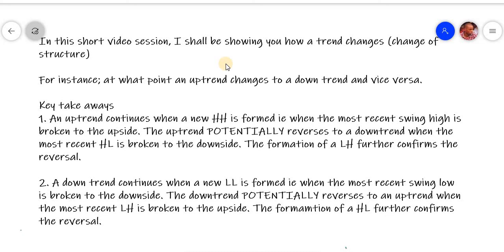The first one is a trendy market, which is divided into the uptrend and the downtrend, while the second category is the ranging market. In other words, we say the market is consolidating. It is not making an uptrend movement, neither is it making a downtrend movement.